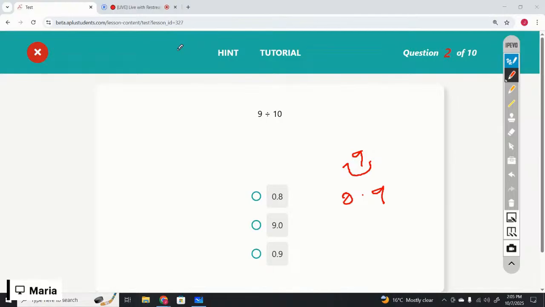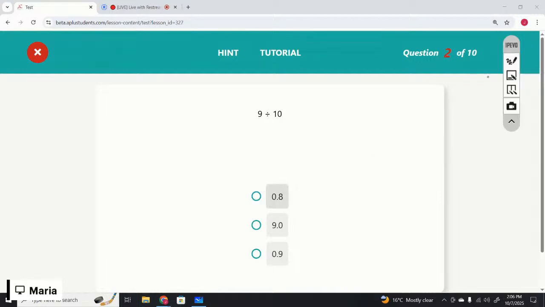Option number two is the correct option. 0.9 it is. Option number 3 is the correct option.